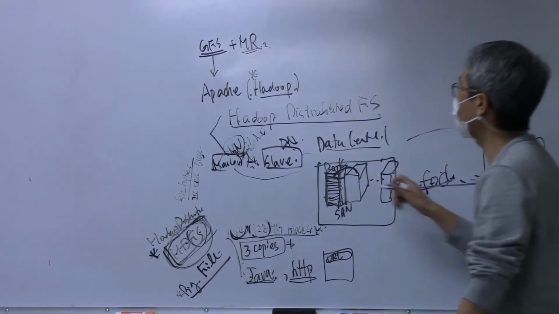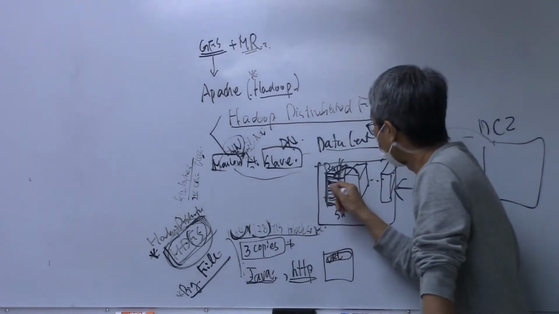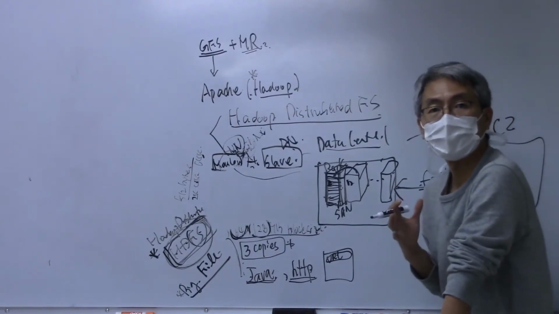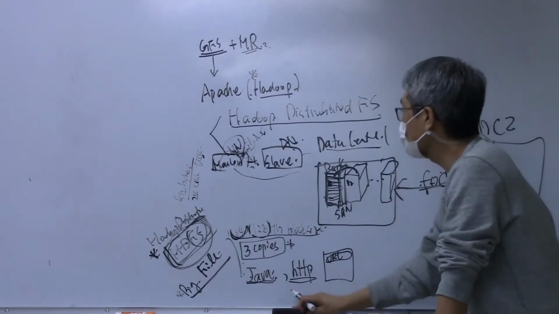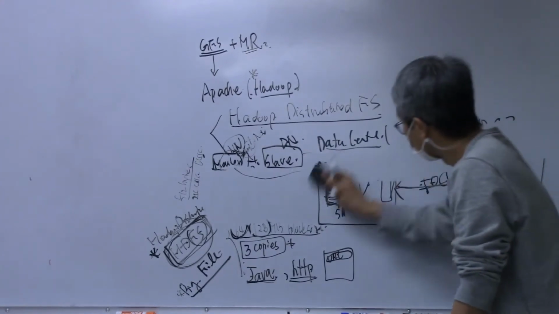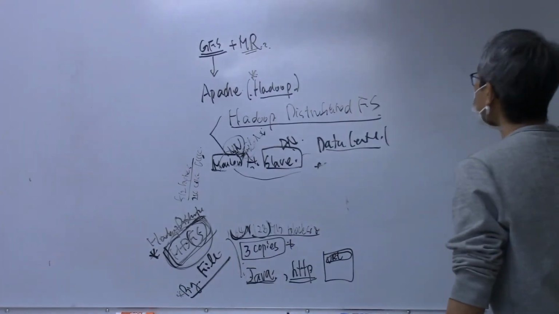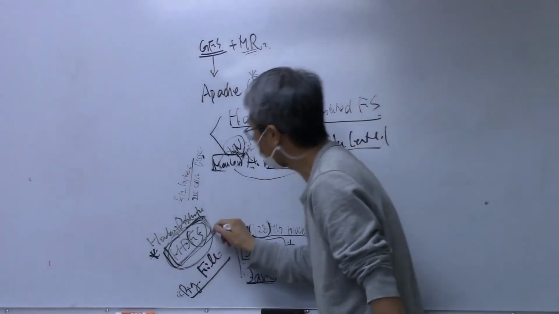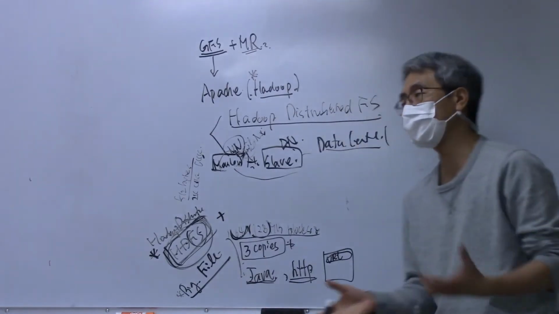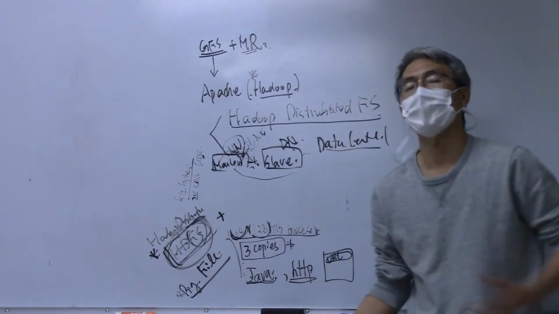Then they are going to assign the blocks: one is here, another one is here, another one is here, for safety purposes. So this is the Hadoop system, the Hadoop distributed file system. This is one core part. Another core component comes after you install Hadoop, then load the data.